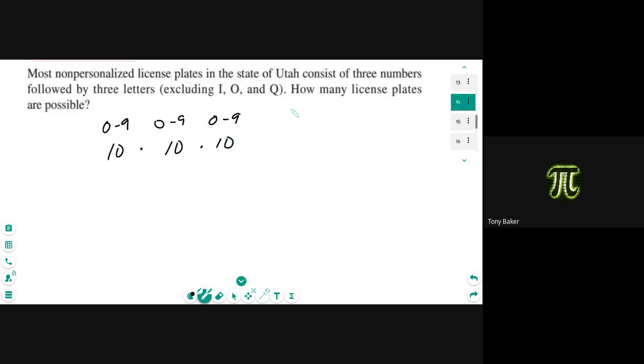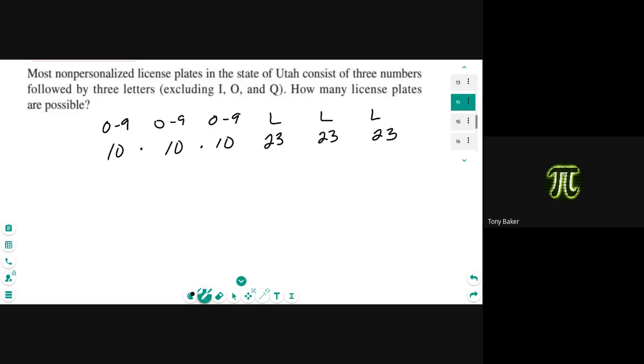Now, letters. How many letters? Missing the 3, yeah. So how many letters in the alphabet? Minus the 3. 23. Why did they take those 3 away? Yeah, that one looks like a 1, that one looks like a 0, and the Q looks like a 0 too, because it's really hard to make out that one little squiggly on the end.